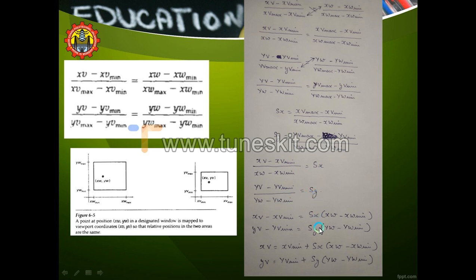Our main aim is to derive xv and yv, right? In this equation, xv minimum, when it goes to this side, is represented with a plus sign. In this equation too, xv minimum goes to this side with a plus, and yv minimum again goes to this side with a plus.